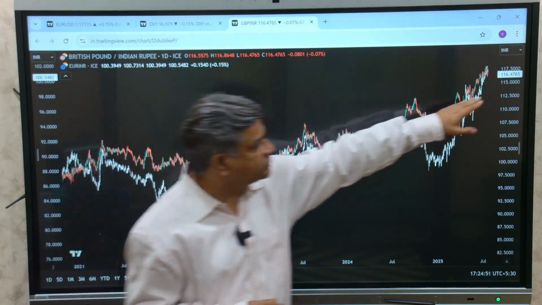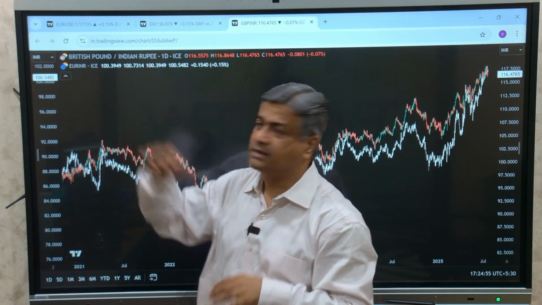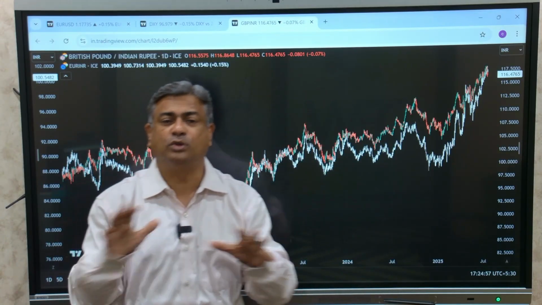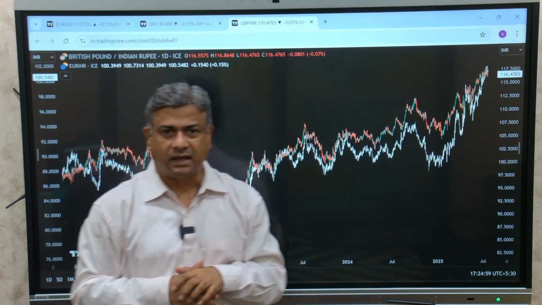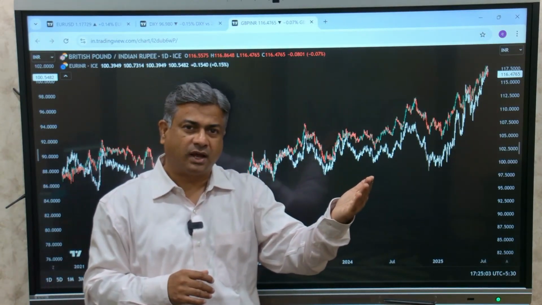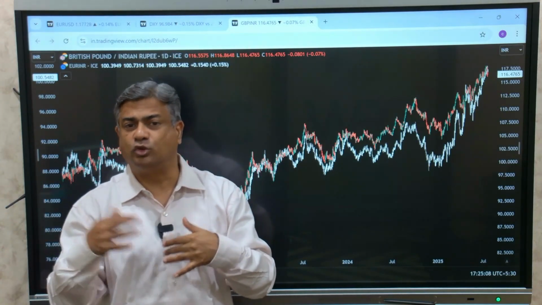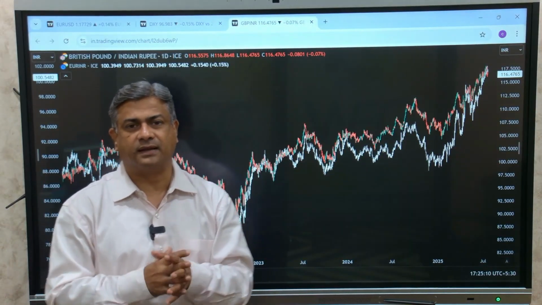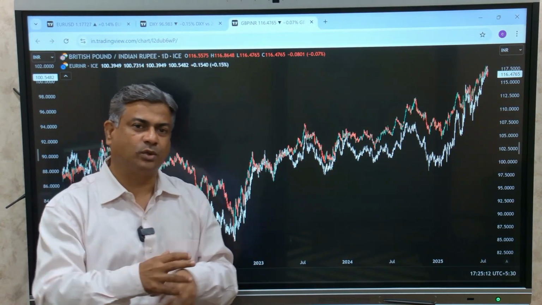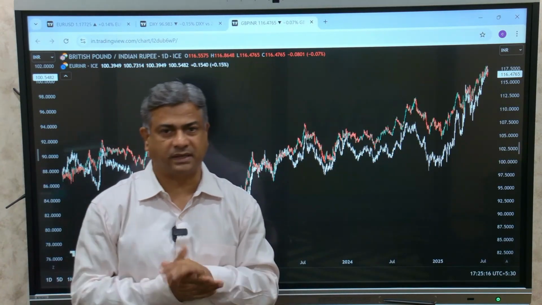GBP INR is around 116.50 and euro INR is around 100.50. Both are at all-time highs. And why? Dollar weak, euro dollar higher, GBP dollar higher, but dollar INR static. Typically the rupee should have gained, but it has not, and that as a consequence has resulted in both these currency pairs going to multi-year peaks.